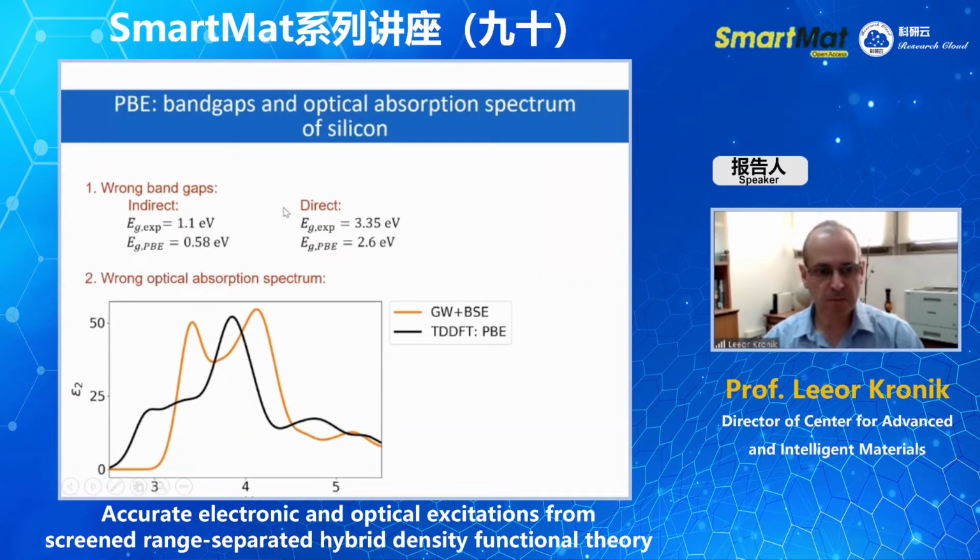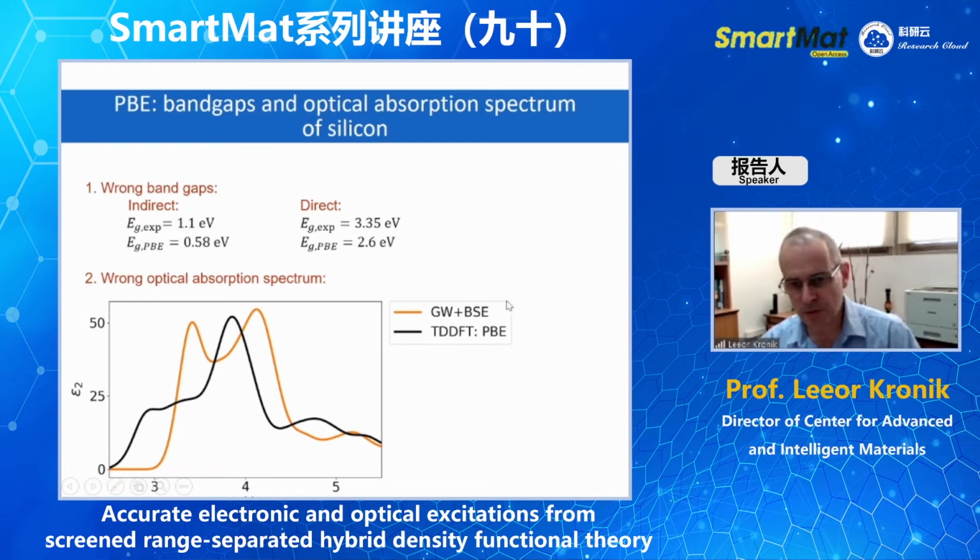Here's another problem. So when it comes to solids, this example is silicon, obviously a material of great practical importance. So not only is the band gap wrong, we already said that, the band gap is only a little more than half of what it should be, but also the optical absorption spectrum is wrong. So what you see here in orange is many-body perturbation theory. It's known as GW plus BSE, never mind the Bethe-Salpeter equation.